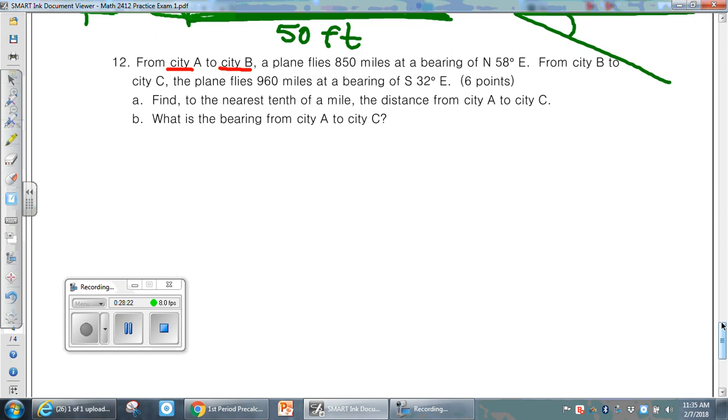Let's just put some points, A and B. Well, we don't really know if they're like that, but okay. So let's see. One of the planes is flying 850 miles at a bearing of north 58 east.